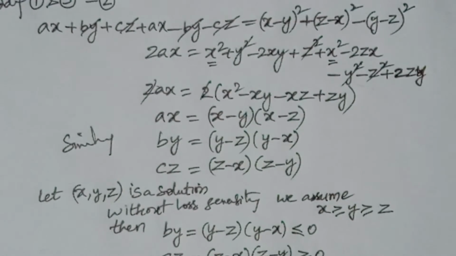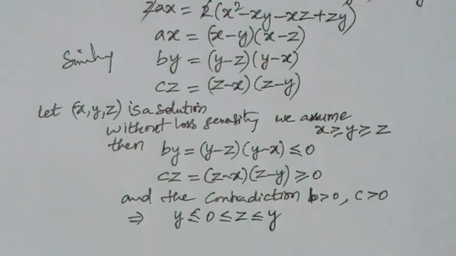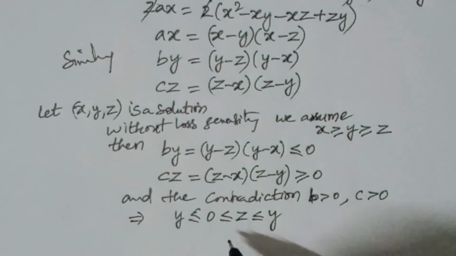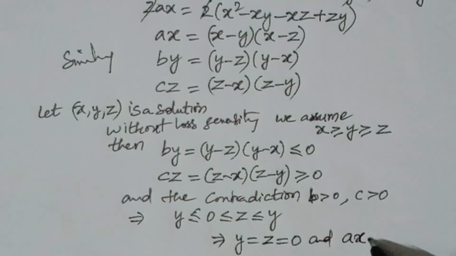This implies y is less than or equal to 0, less than or equal to z, less than or equal to y. That implies y is equal to z is equal to 0, and ax is equal to x square.